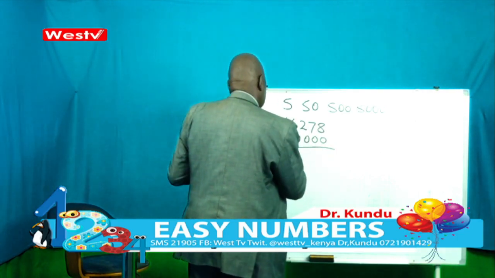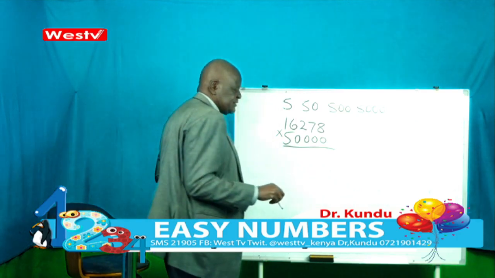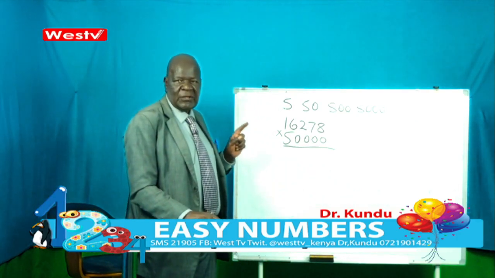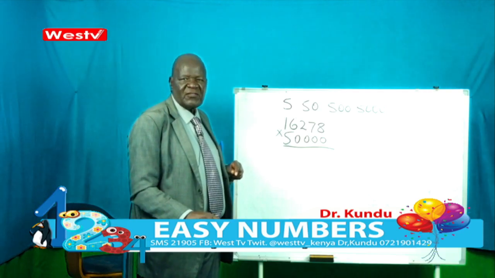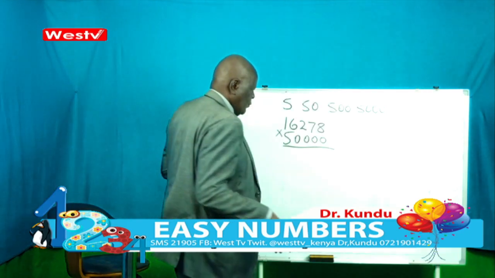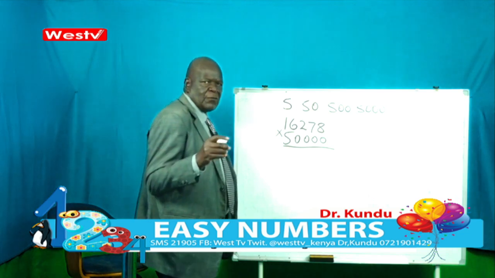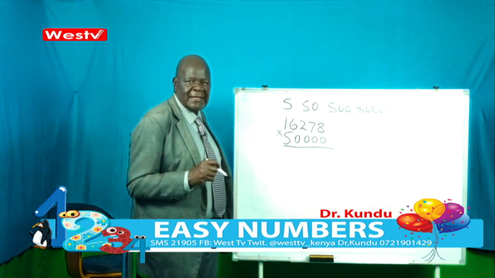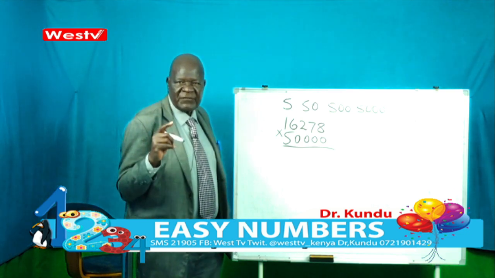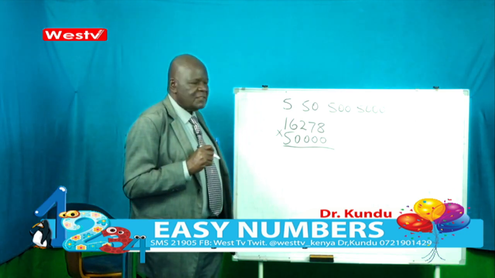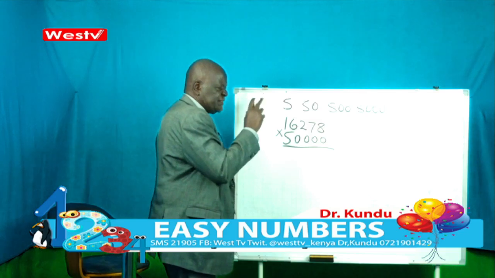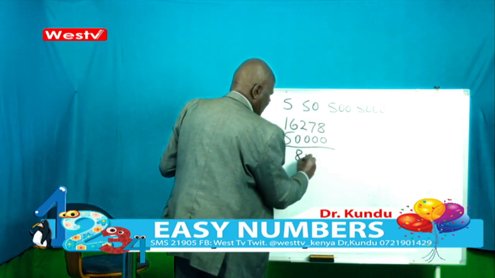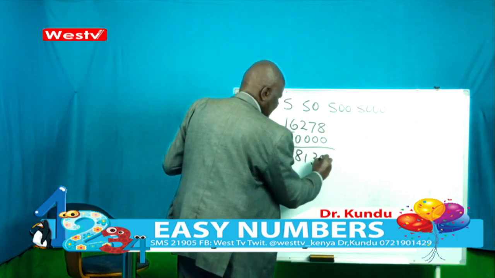You see, in the class, the way our mathematics is taught, this one is going to be a long problem. But then you can easily follow what I told you. Just take half of the number and add on as many zeros as the number of digits in the 5. So what is a half of 16278? It would be 8139.